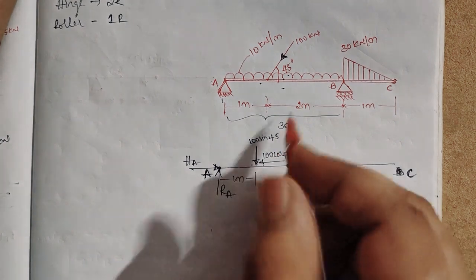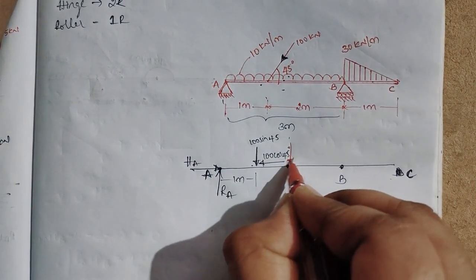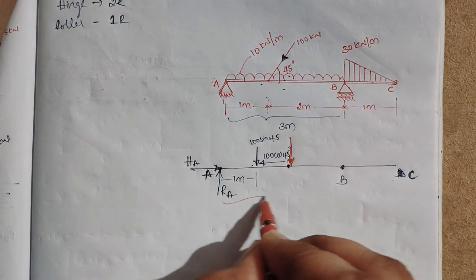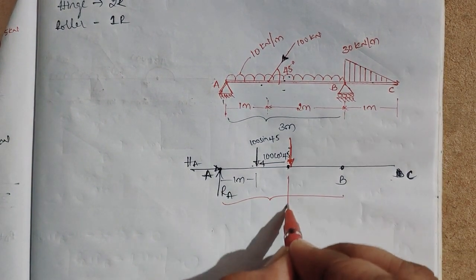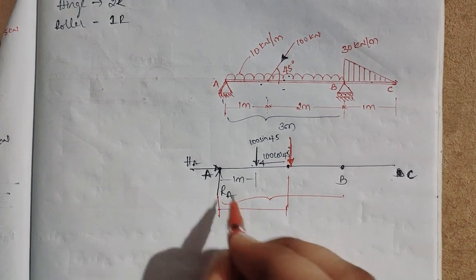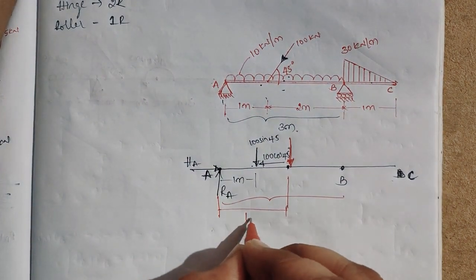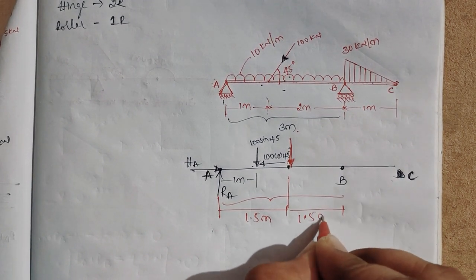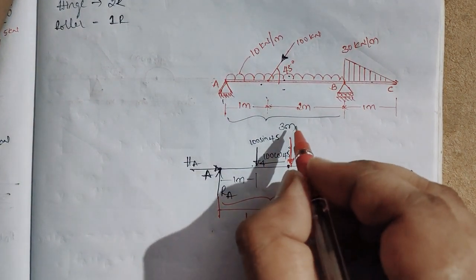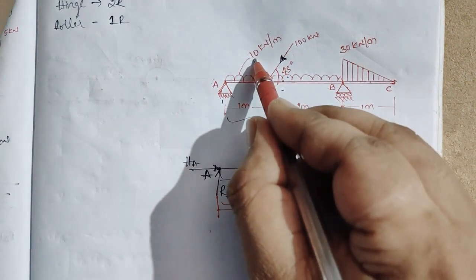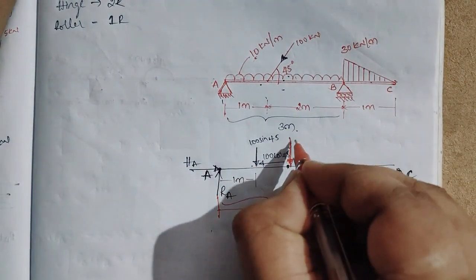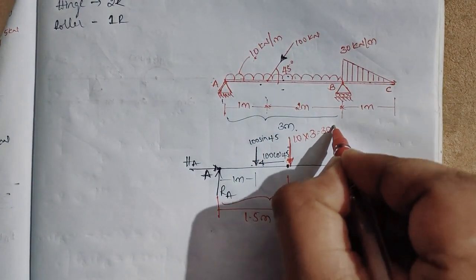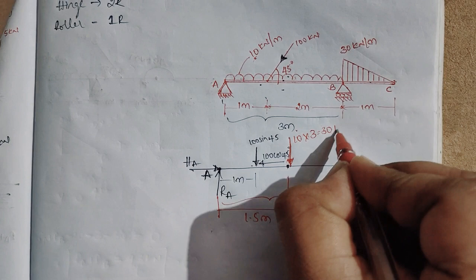So this point load force is at a distance of what? This full length is 3 meter, so at a distance of 1.5 meter, at the midpoint. So 10 is the UDL, right? So 10 into 3, that is 30 kilonewton.